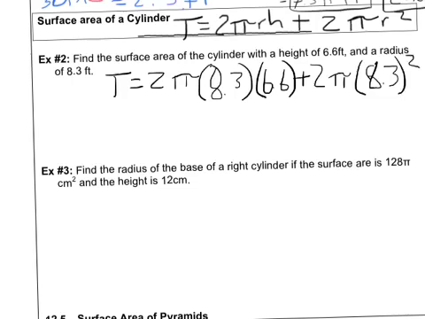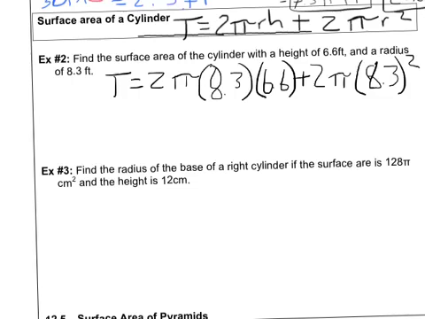We could do this a step at a time, or we could put the whole thing in our calculator. If you want to put the whole thing in your calculator and see if you got it, that's fine, but I'm going to break it down one step at a time so that we can make sure we're on the same page here.